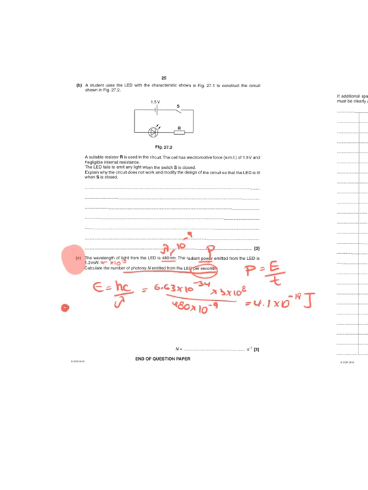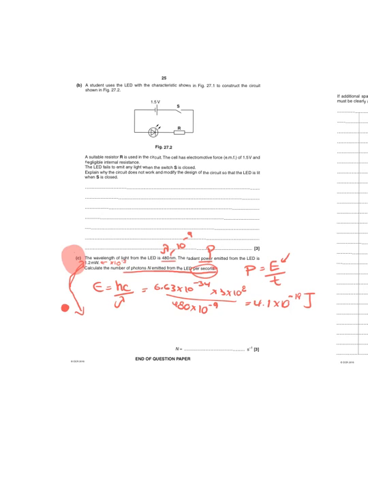However, the power emitted by the LED is 1.2 times 10 to the minus 3 watts. So energy is linked to power as the rate of energy transferred. And since I know the energy of one photon, let me rename it.